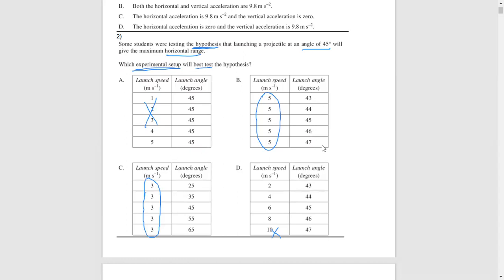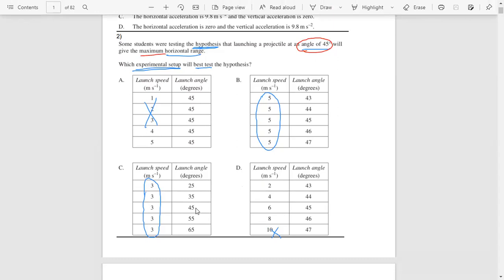It's not very clear, both of them would, but I guess if you want to truly test, and assuming you've got equipment that is accurate enough, whether an angle of 45 specifically would give you the maximum range, as opposed to 35, 45, 55, you don't know if it is 45, it could be 46, 47, could be 44, 43. This one would more clearly test the 45.